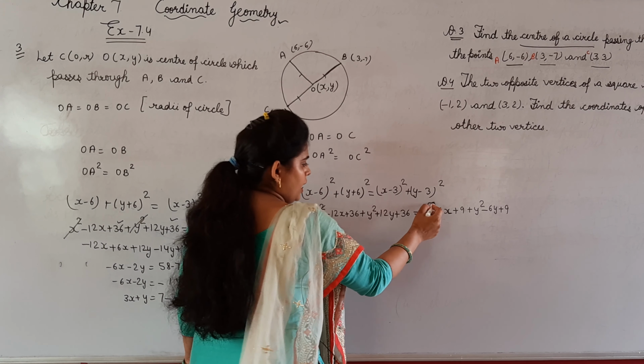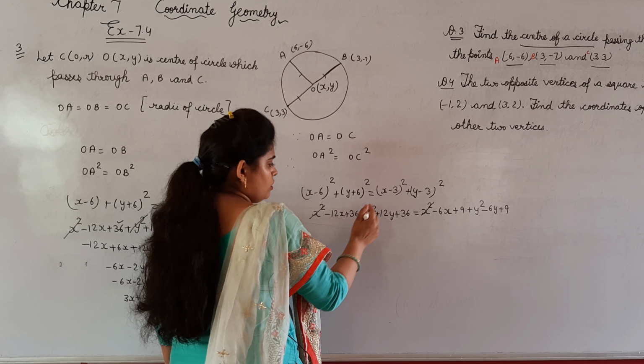X square cancel out, y square cancel out. What is left? Minus 12x plus 12y plus 72. This minus 6x will become plus 6x, minus 6y will become plus 6y is equal to 18. Now minus 12x plus 6x, minus 6x plus 12y plus 6y, plus 18y.